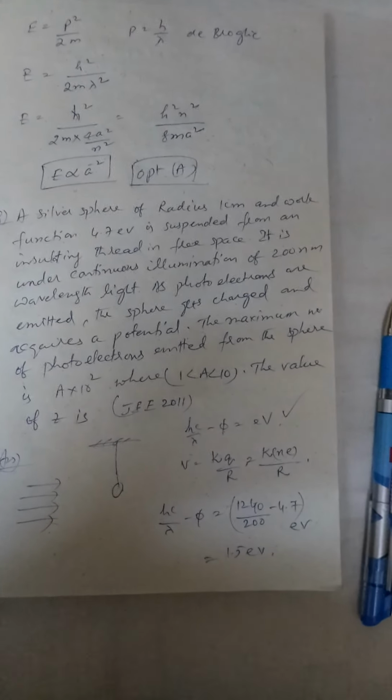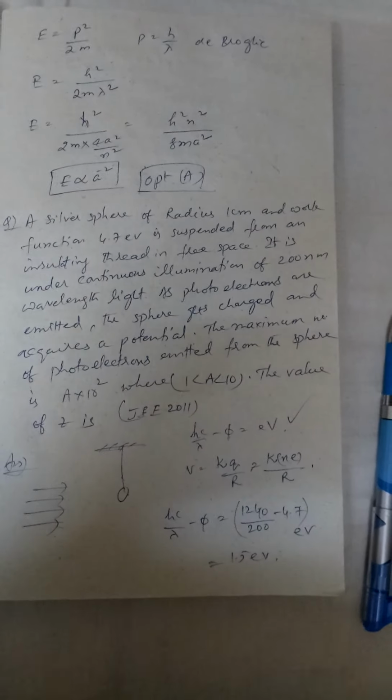So let us calculate the left hand side, hc by lambda minus phi. So hc value I told you 1240 in electron volts and nanometer divided by 200 minus work function is given as 4.7, so you'll get 1.5 electron volts. Units, we have to be very careful, so we have to convert that into SI units, so you have to multiply by 1.6 into 10 power minus 19.